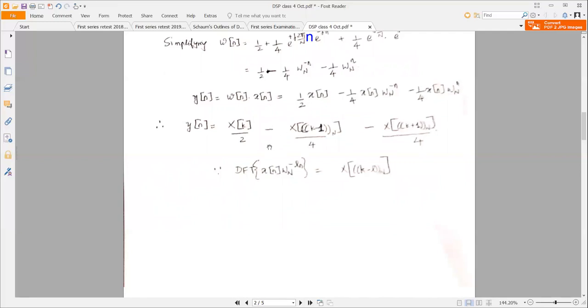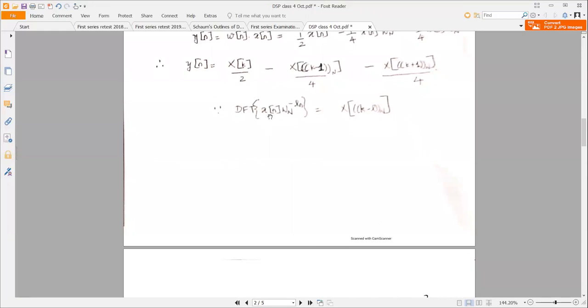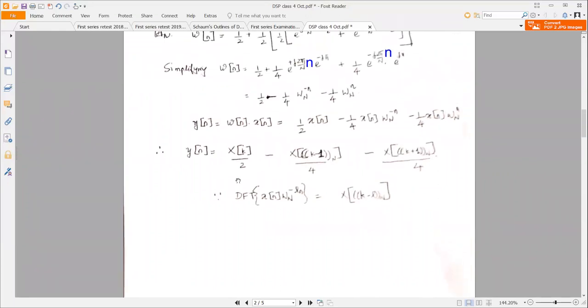So if you take the DFT throughout, then you can write Y of k, applying the linearity property and the frequency shifting property. So you can write Y of k is equal to X of k by 2 minus X of k minus 1 modulo N by 4 minus X of k plus 1 modulo N by 4. Because from the frequency shifting property, you have the DFT of x of n into W_N raised to minus ln is equal to X of k minus l modulo N for 0 less than or equal to k less than or equal to N minus 1.